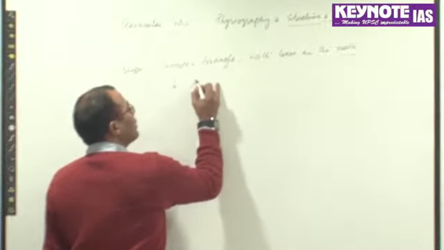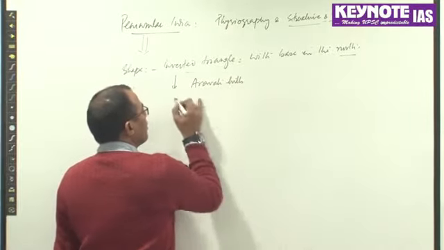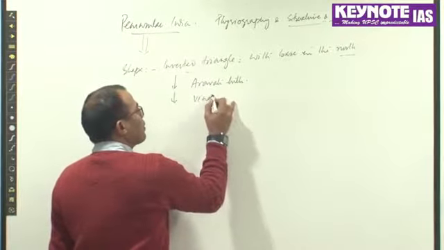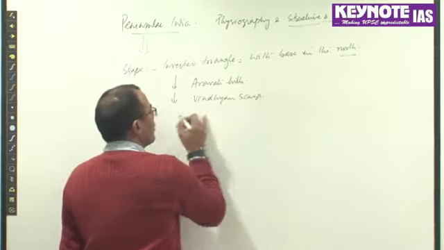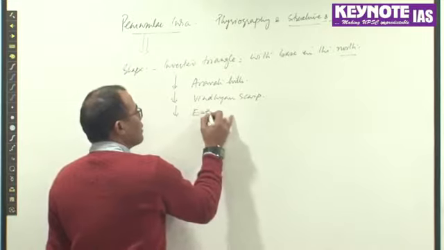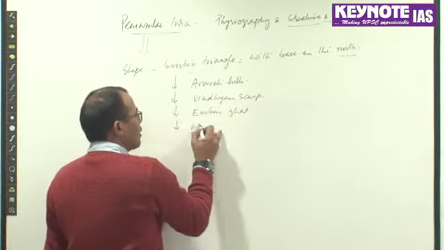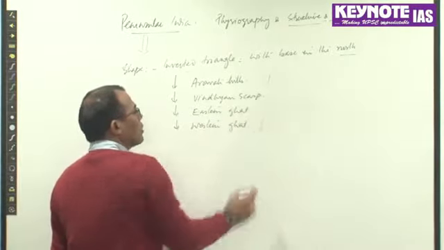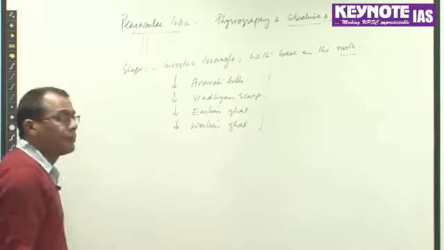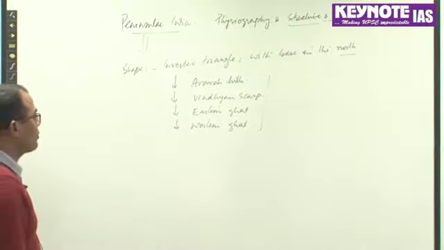Surrounded from all sides by Aravalli Hills, Vindhyan Escarp, Eastern Ghat and Western Ghat. This is the outer outline of the peninsular plateau.